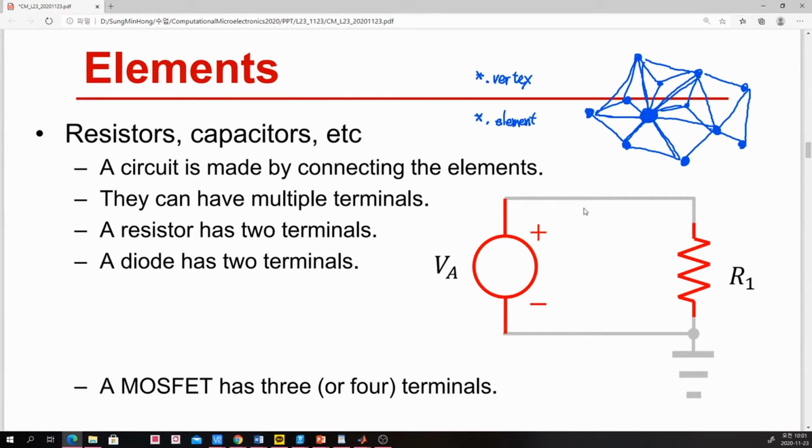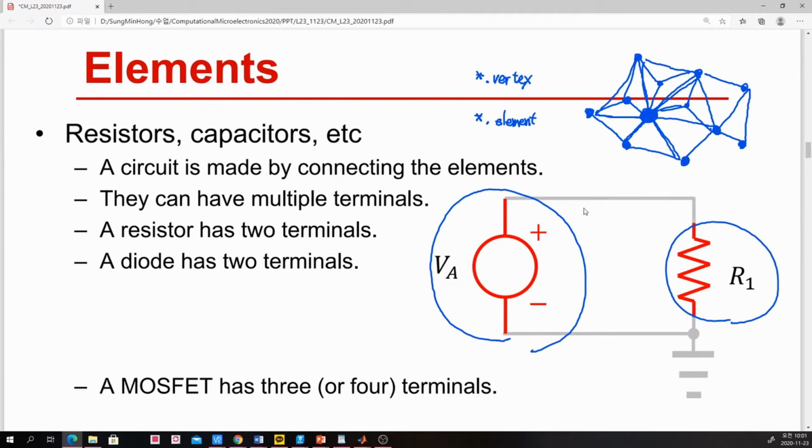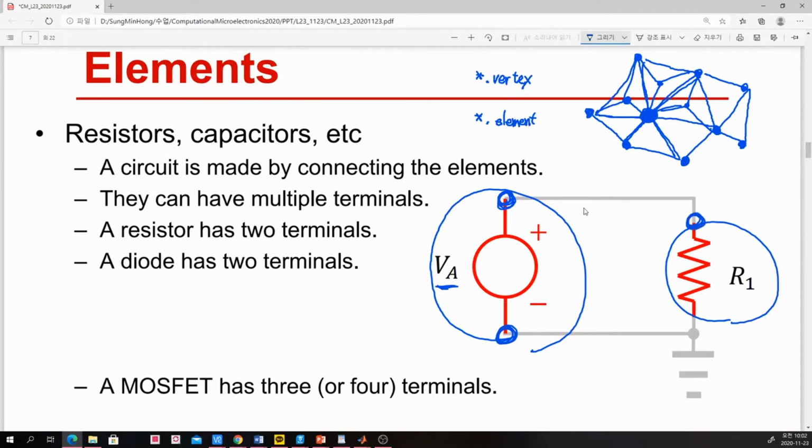However, your circuit elements are not free like the vertex. They have given numbers for connection. For example, how many connections are available for this voltage source? It has only 2 terminals for connection. How about this resistor? Also only 2 terminals for connection.